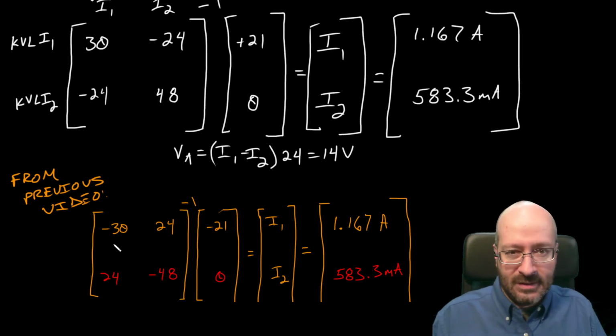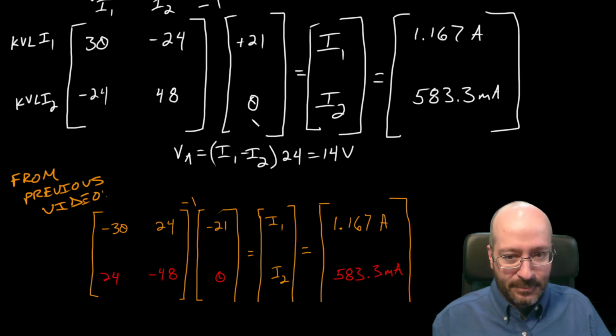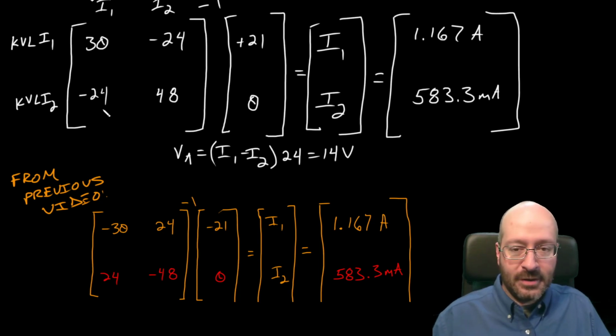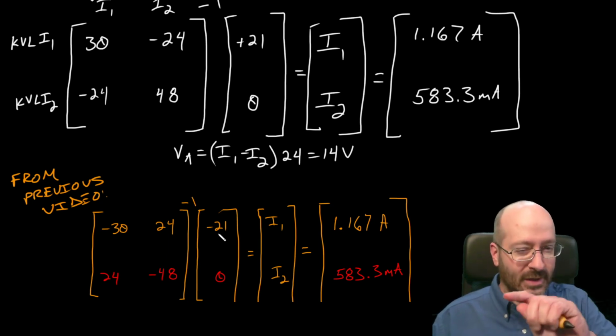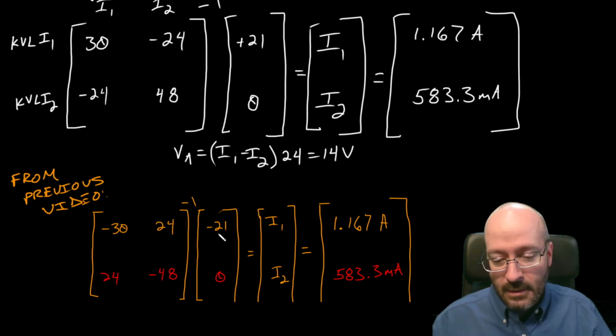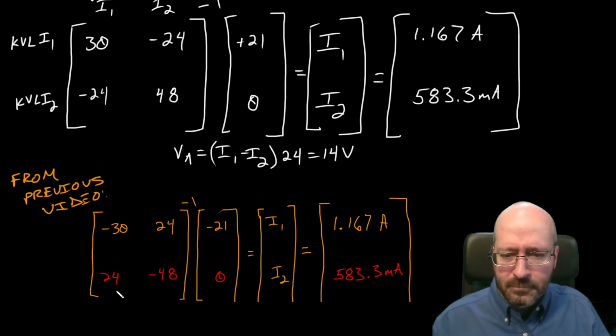The point of this is that if one sign is different, they all have to be different. Okay, so this is positive 30, negative 30, negative 24, positive 24, positive 21, negative 21. Okay, so within each row, if one sign is different, they all have to be different. They have to be consistent.